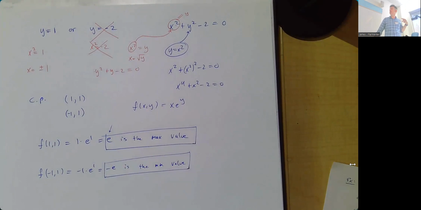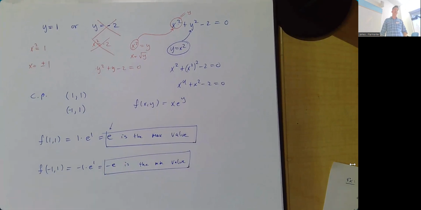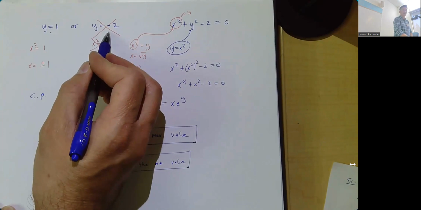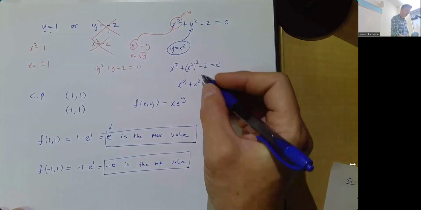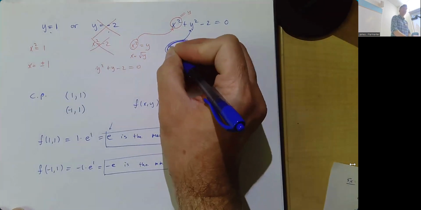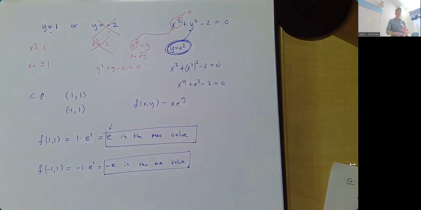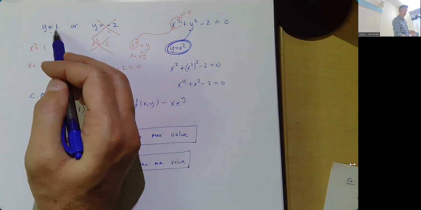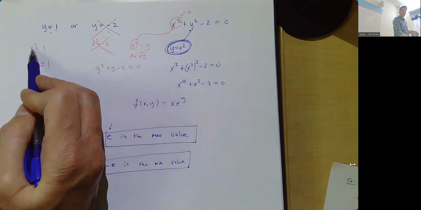Yes. Sorry, how did we get to 1, 1 and negative? Well, really by what you all told me. So I got y equal to 1 and y equal to -2. But remember, we had that y was equal to x squared. That was the relationship we found between x and y. So once we got y equal to 1, I said, I'm going to replace y with x squared to find the corresponding x value.